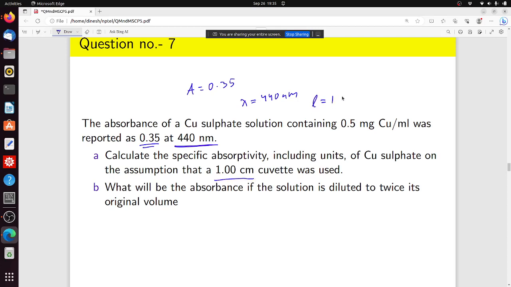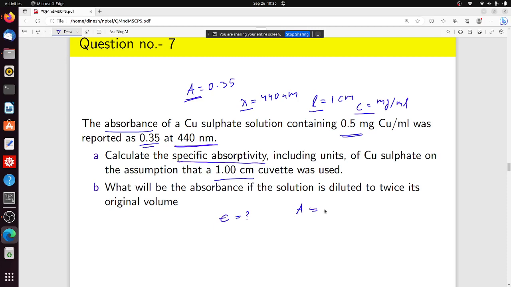So L is 1 centimeter, concentration is given in milligram per milliliter, length is given, C is given, lambda maybe we don't need, A is given. Then we need to calculate the specific absorptivity. This epsilon we need to calculate. Okay, so it's pretty straightforward.